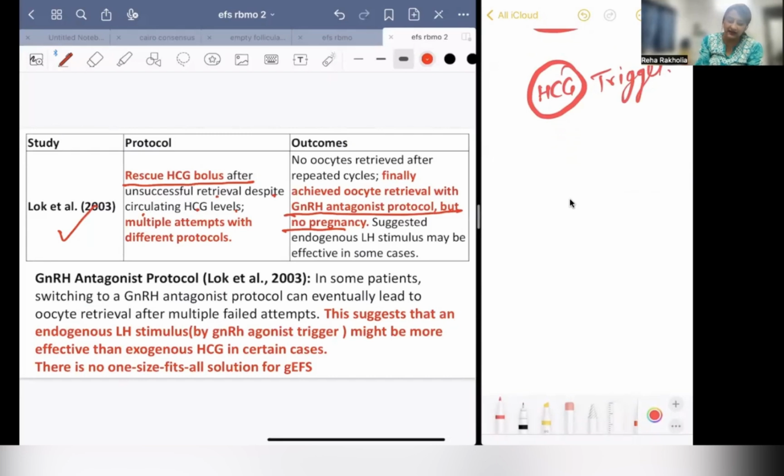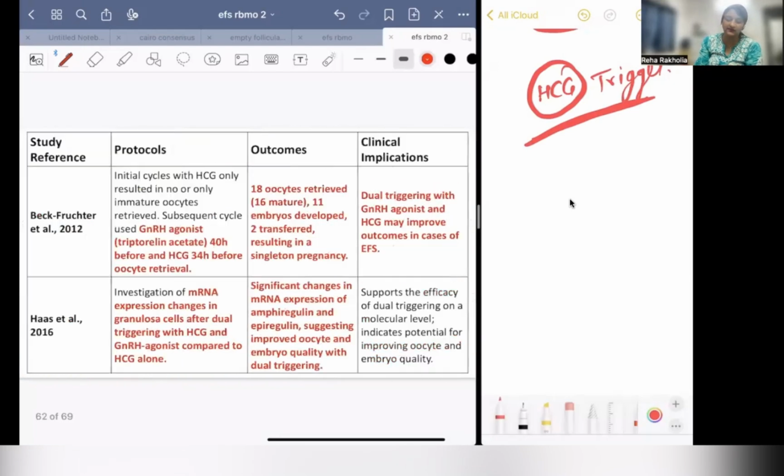This suggests that an endogenous LH stimulus by GnRH agonist trigger might be more effective than exogenous HCG in certain cases. There is no one-size-fits-all solution for genuine empty follicle syndrome. Means after many HCG trigger cycles, they tried one GnRH antagonist cycle with GnRH agonist trigger, so it worked.